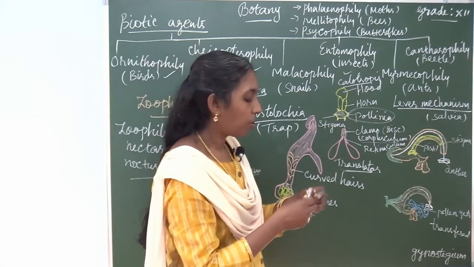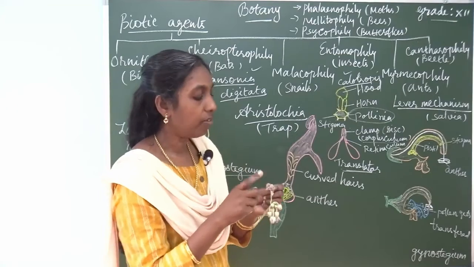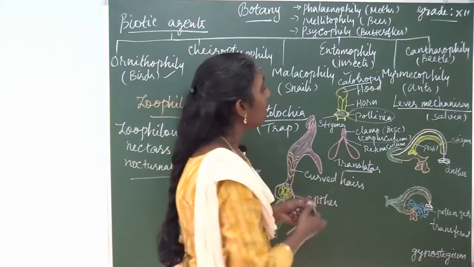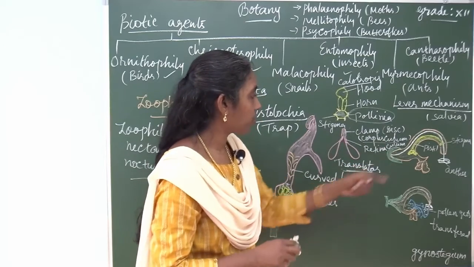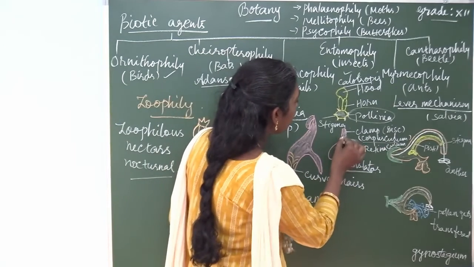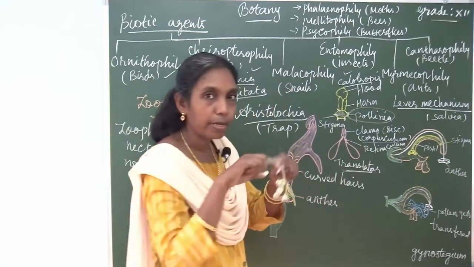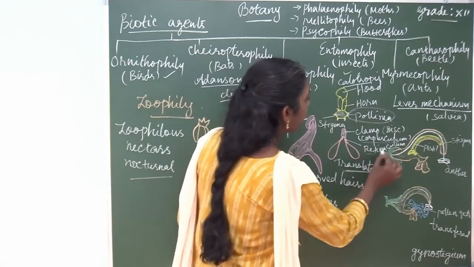When you dissect out this pollinia with a dissection needle from the edge of the stigmatic region, it consists of a clamp-like structure called corpusculum, and from this corpusculum there is a thread-like branch which is known as retinaculum.